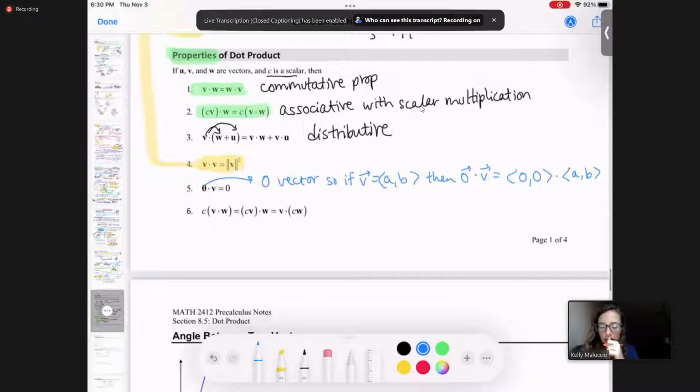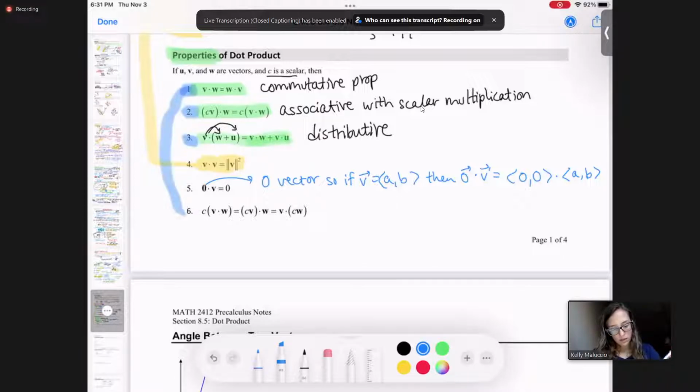And then the last one is a combination of everything. So if we take 1, 2, and 3, well, I think it's the first 3 pretty much, kind of, maybe it's just 1 and 2.